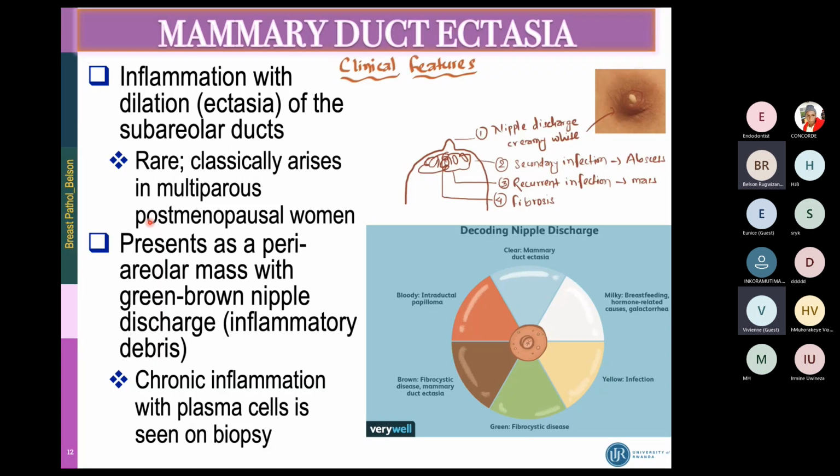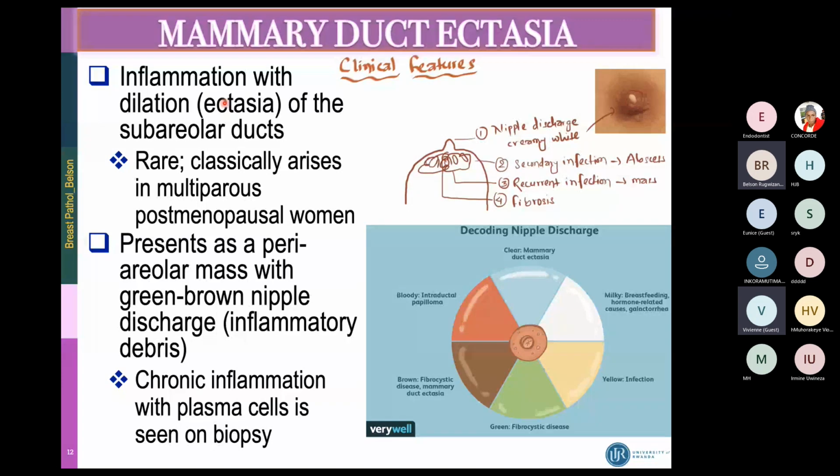So the mammary ductal ectasia is inflammation with dilation or ectasia of the subareolar duct. It is rare and classically arises in multiparous postmenopausal women. Although they say it is rare, I think in our context it is one of the most common lesions we see in pathology, at least in East Africa.